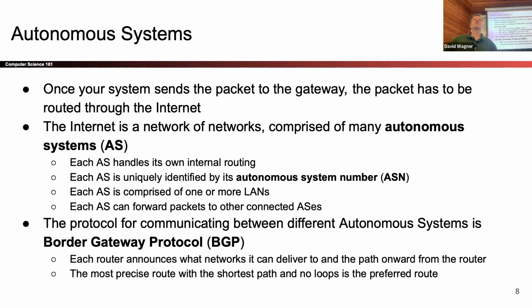So there's an autonomous system for all the Berkeley IP addresses and another autonomous system for all the Stanford IP addresses. And within Berkeley, the Berkeley routers know how to route from one Berkeley IP machine to another. Within Stanford, Stanford's routers know how to get from any Stanford IP address to any other Stanford IP address.